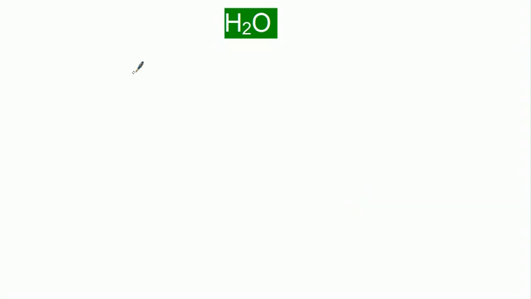So let's look at water. H2O, we have hydrogen and oxygen. What we've got here though is this 2. That's really important. But first, the atomic mass of hydrogen is 1. The atomic mass of oxygen is 16. Now the importance of this 2 is that I don't just have one hydrogen atom, I've got 2.